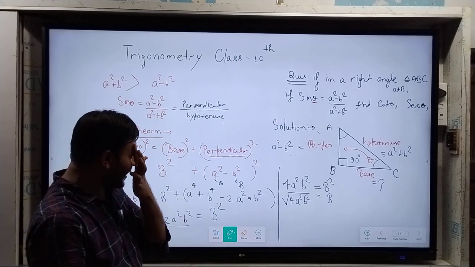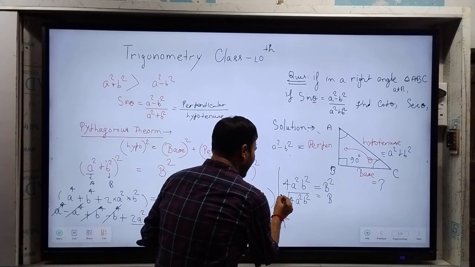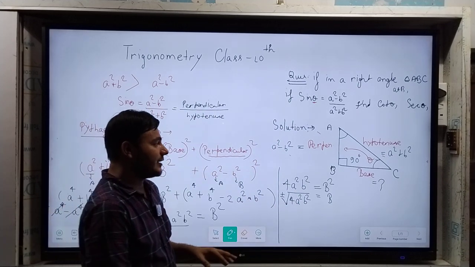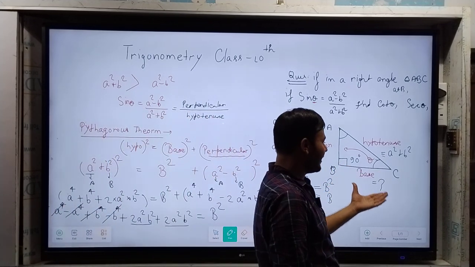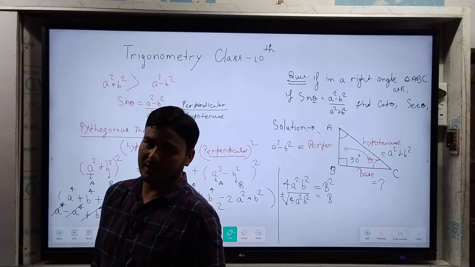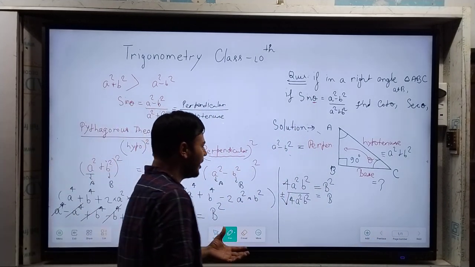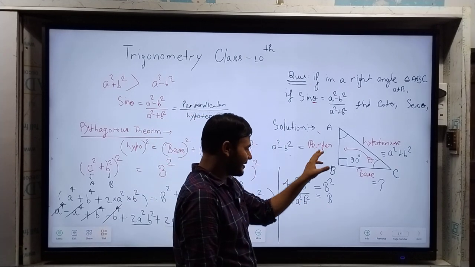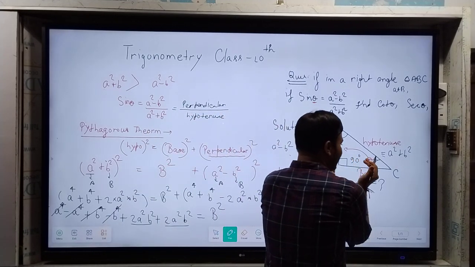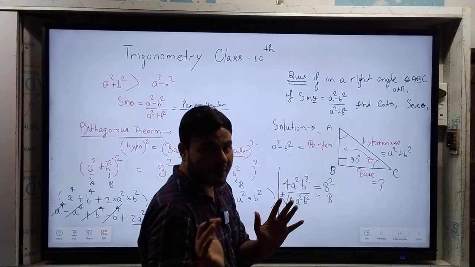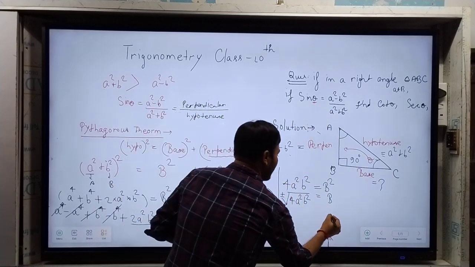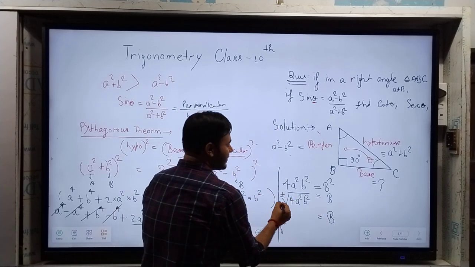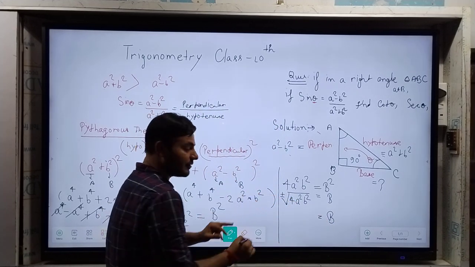You know that the answer of an under root can be positive or negative, but the length of any side cannot be negative. You cannot take the minus sign in this question because base is a length and length cannot be negative. So you can always take the positive sign.